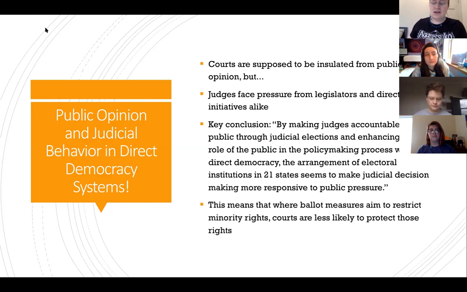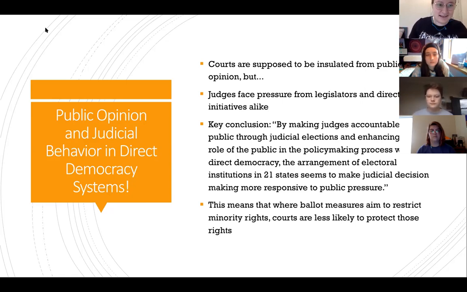And in states where direct ballot measures are taken, there is a lot more pressure on judges to uphold those policies because it's viewed as the will of the people. There's also pressure and tension between judges and legislators.